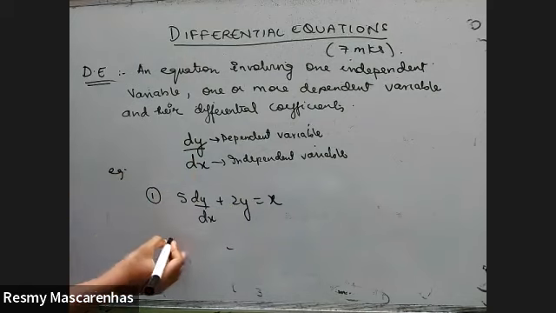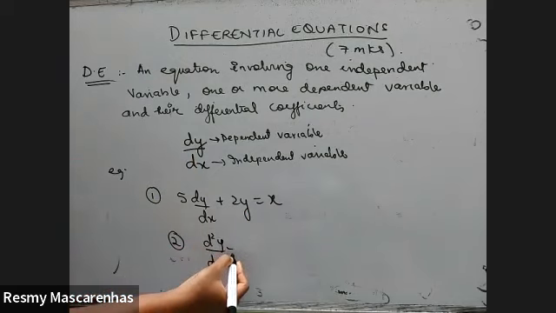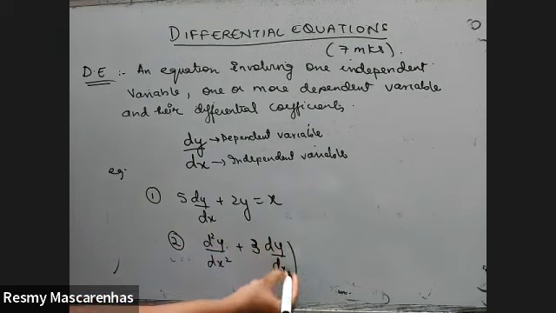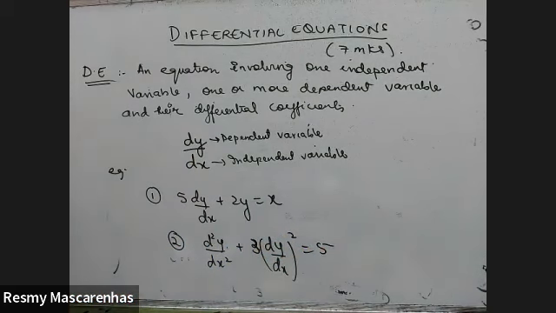Example. So basically it involves the dy by dx term, x term and the y term.